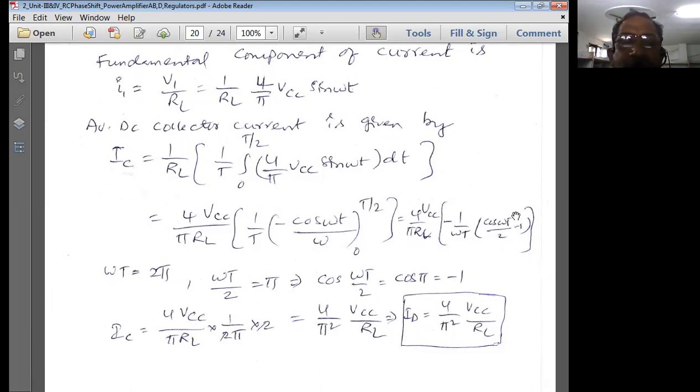To solve this, I just made this substitution. So this is what we can write here as minus into minus plus 4 into VCC by pi RL into 1 by omega t.